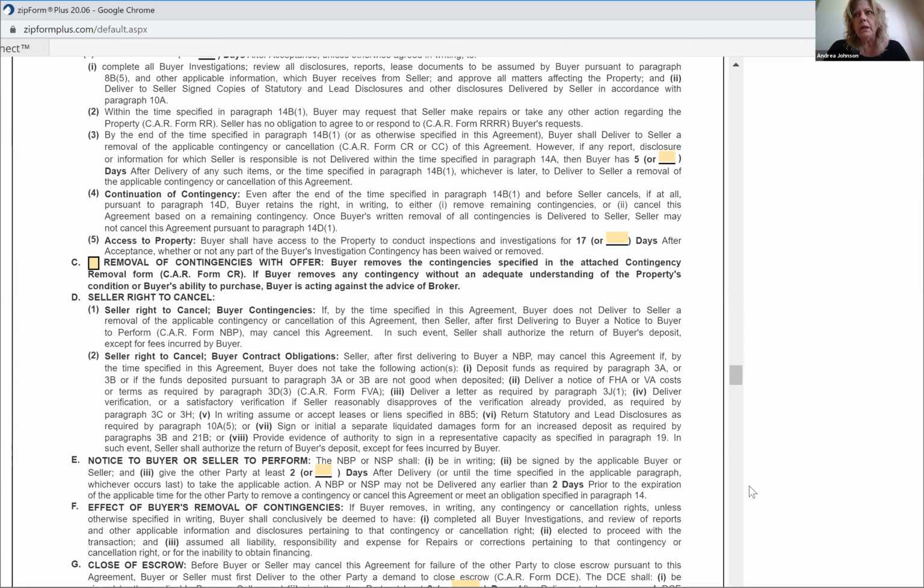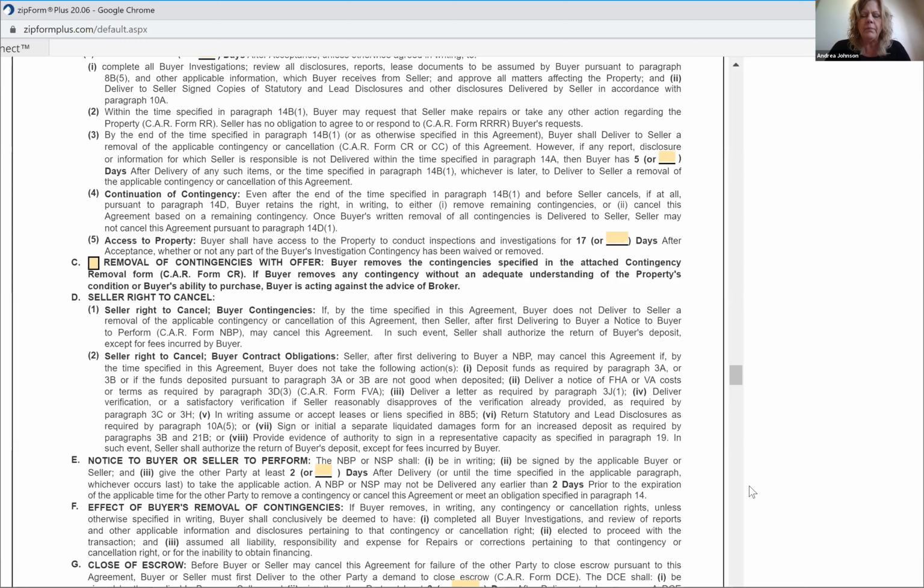Or they can say, we're really concerned about these items and we would like to request that the seller repair those items. Or they can just say, this is too much for us, we're out and we're canceling. In that scenario they're within their rights, and they're entitled to receive their earnest money deposit back.